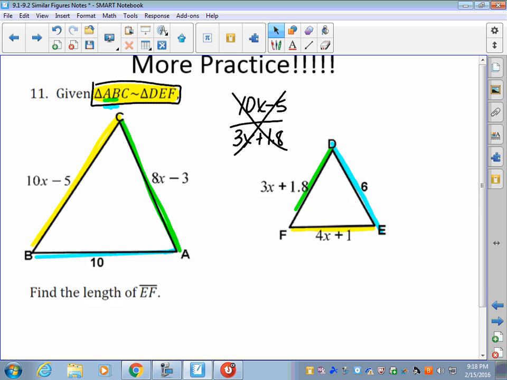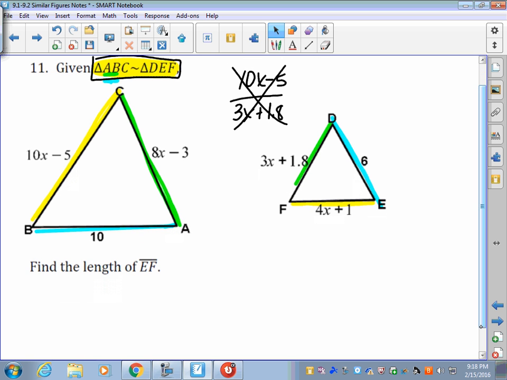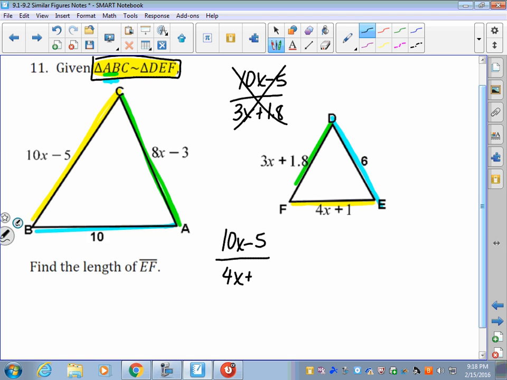So really, if I write my proportion, and I'm going to scroll this up just a little bit, what I have is 10x minus 5 corresponds with the 4x plus 1. And you can say that's equal. We need another pair of corresponding sides. Well, I can do the 8x minus 3 with the 3x plus 1.8.